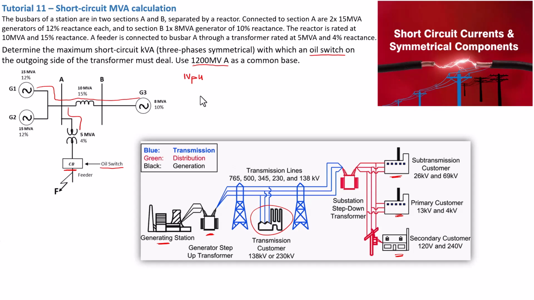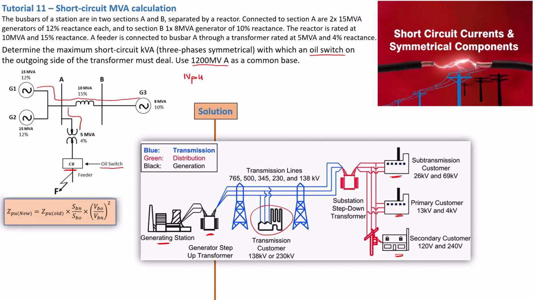So now moving forward, obviously here we're going to use the common formula used in the per unit system. Each one of these generators, transformers and reactors has a per unit reactance that is given. But we're going to determine a new per unit impedance, denoted as Z per unit new.